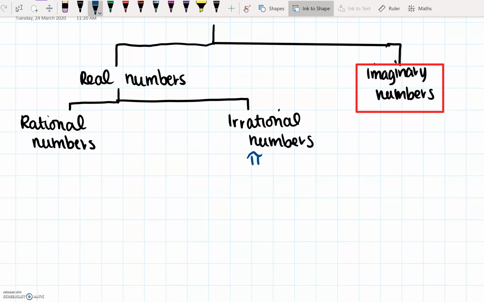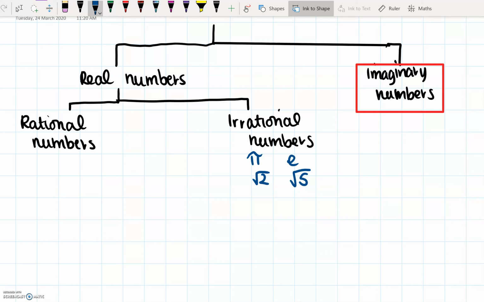Another example of an irrational number is the number e. You'll learn about that one later, not anytime soon. Some other irrational numbers we've actually used this unit, such as the square root of 2 and the square root of 5. These numbers go on forever.